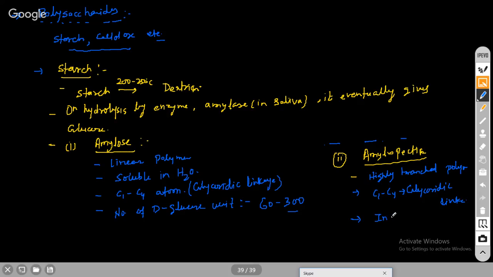Insoluble in water, and number of D glucose units present, anything between 300 to 600.